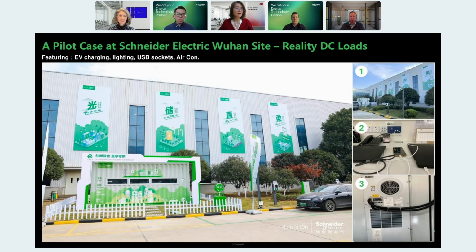The second picture is actually my own cell phone, an older version from several years ago, taken at a USB-C socket, which is hooked up from 48 volts. So these little blue boxes are 48 volt input USB sockets that we deploy.